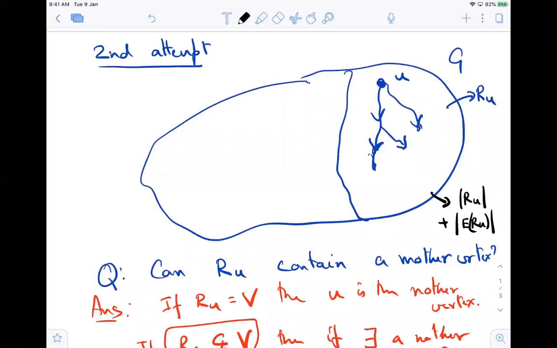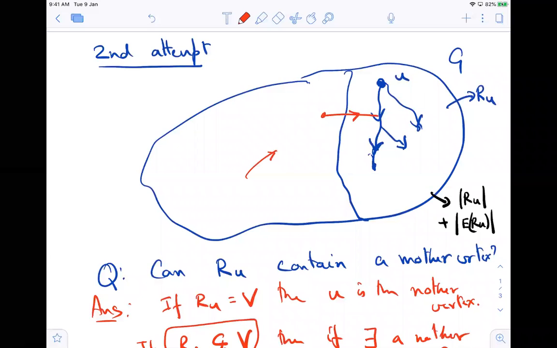Are you guys with me? You understand that, right? Any edge that is not in R of U will not even be touched, so why would it cause any problem? Even an edge coming from outside into R of U will not be touched, because I only have information about things going out, not things coming in.